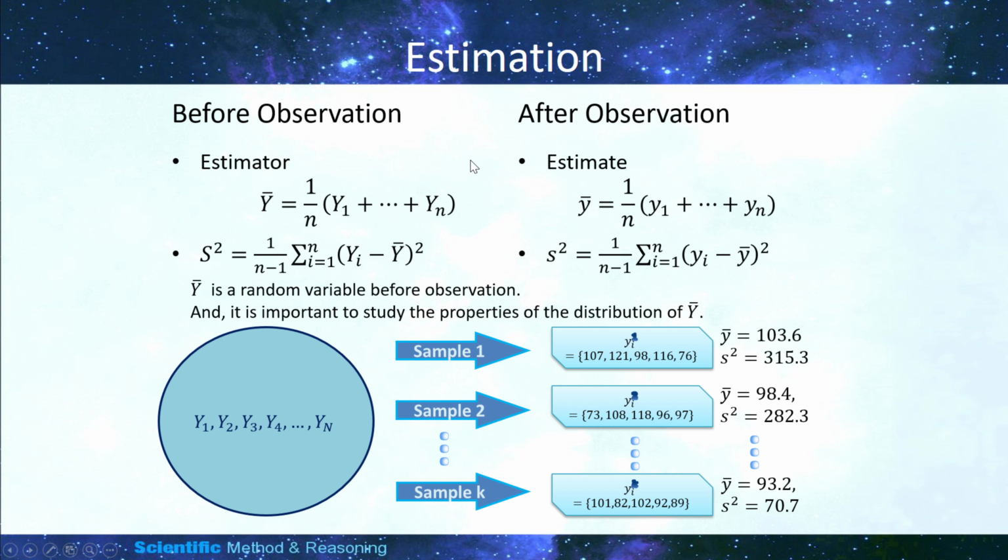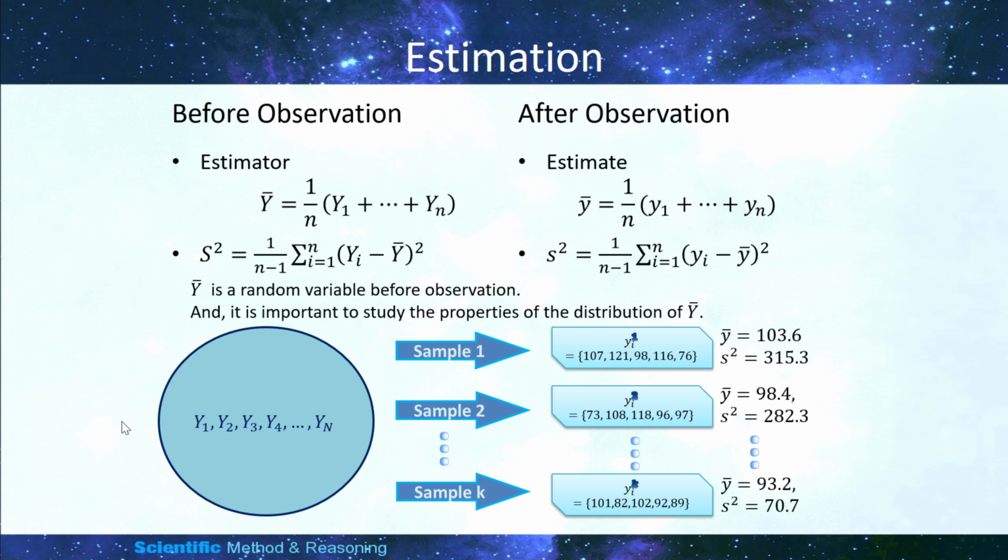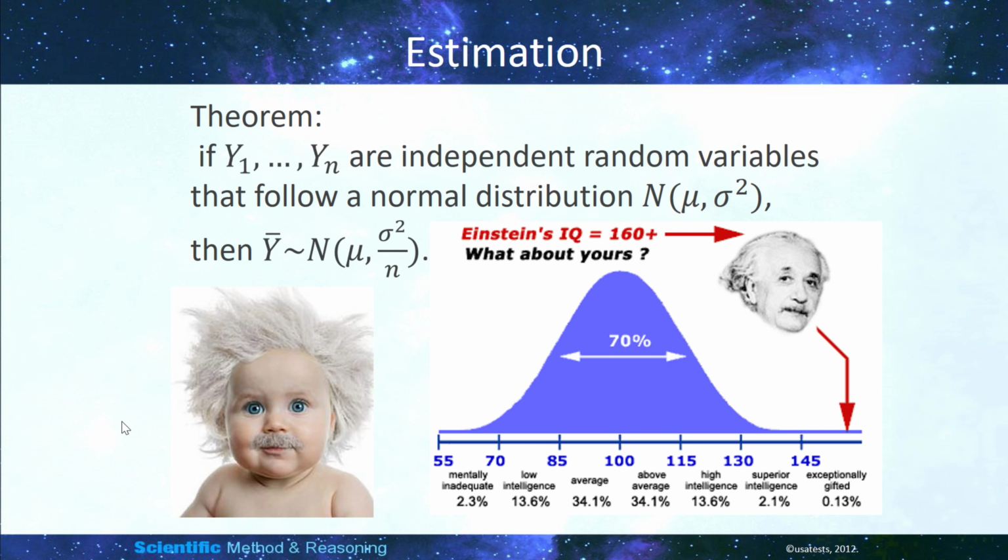So therefore, the sample mean itself is a random variable subject to changes. So what are the properties of the distribution of the sample mean? We have the following theorem, and this theorem makes the normal distribution very important.